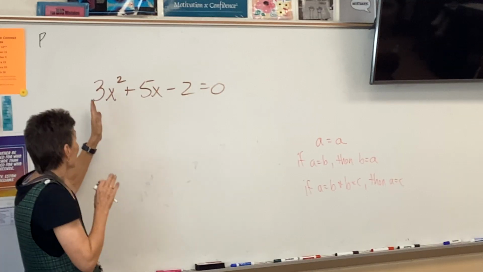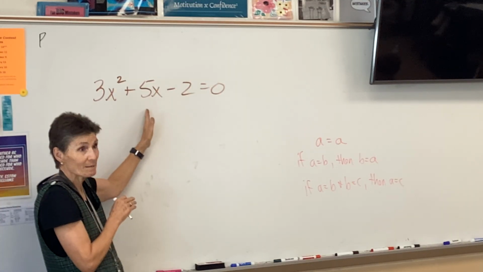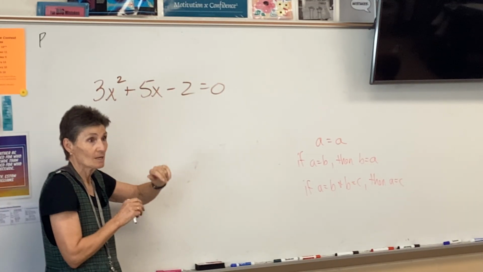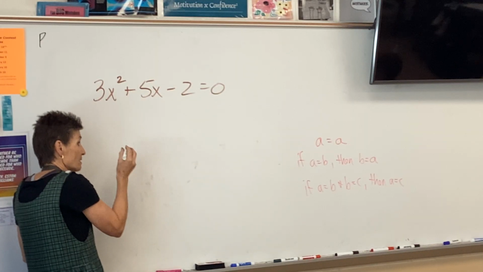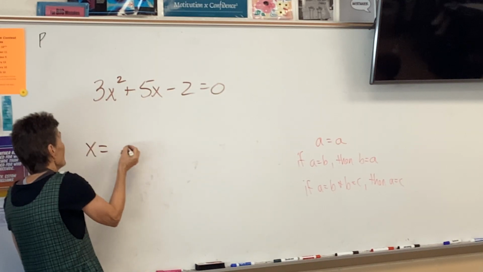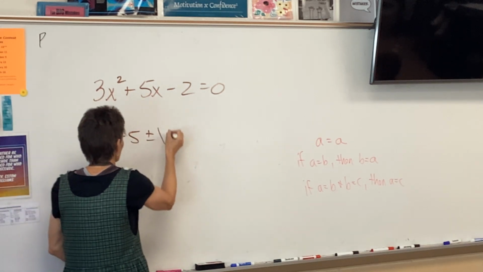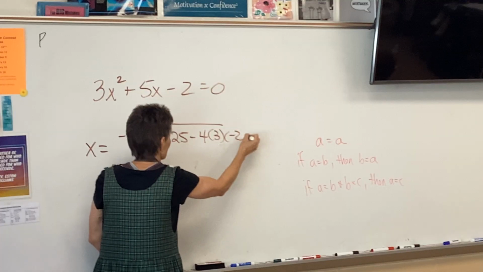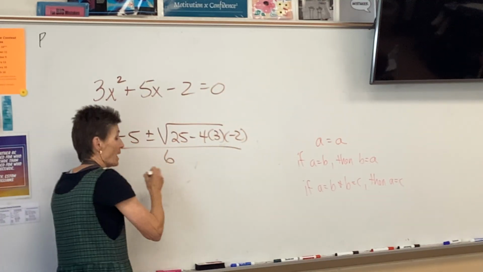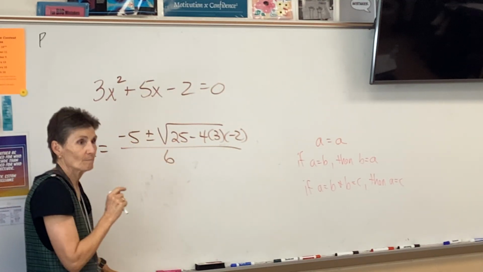B can be anything, C can be anything. So I'm just going to do negative B plus or minus the square root of B squared minus 4 times A times C, all over 2A. And we'll work it out.